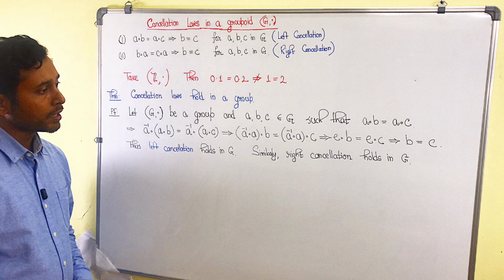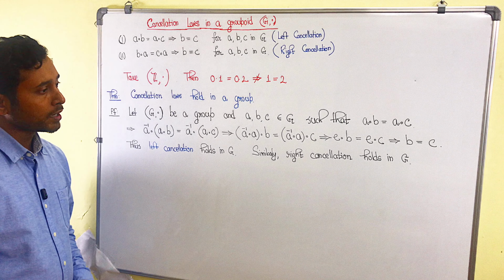Now G is a finite set, it's a finite monoid, and therefore every injective function is surjective. For a proof of this fact, you might check the I button. There is a link to my previous video where I have shown this result.